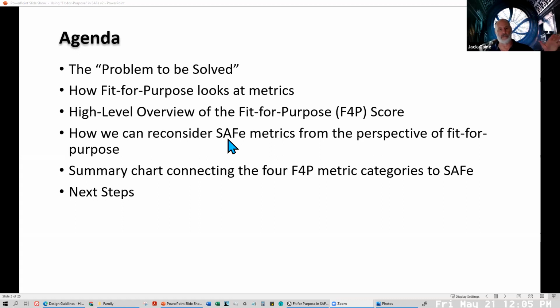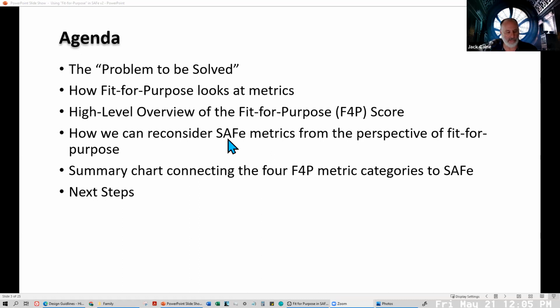We're also going to do a high-level overview of what's called the Fit for Purpose score, and we might then want to reconsider SAFe metrics from the perspective of Fit for Purpose. Fit for Purpose is agnostic. It can be applied to any framework, any context, any situation where there's metrics involved, not just SAFe.